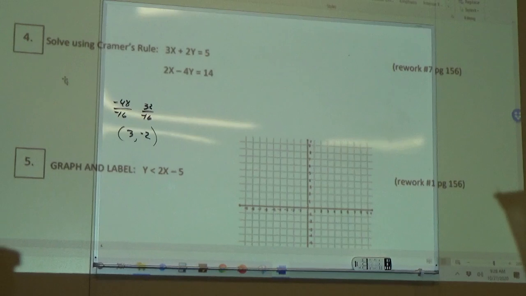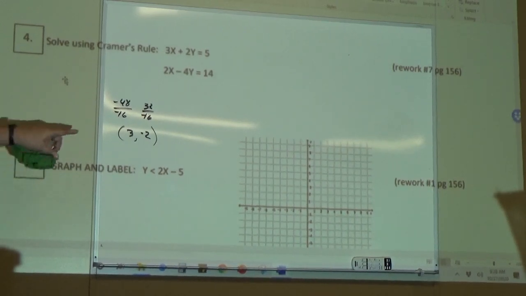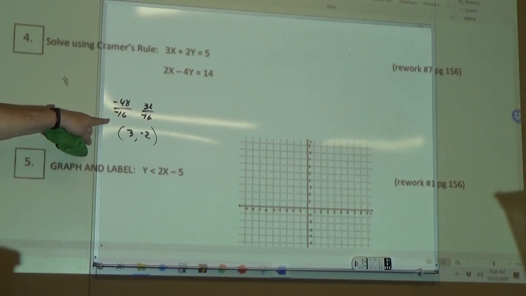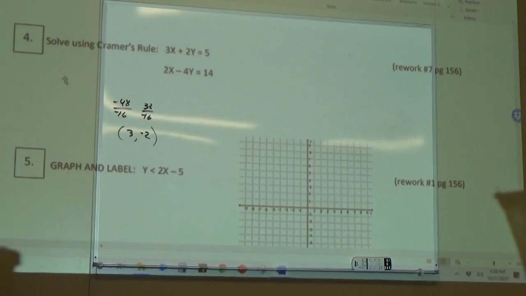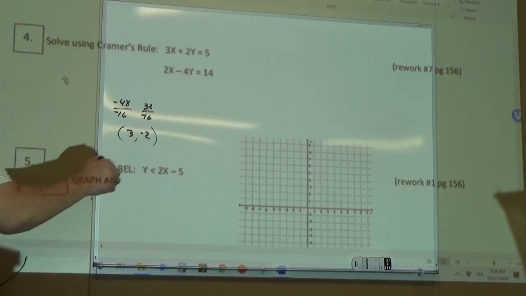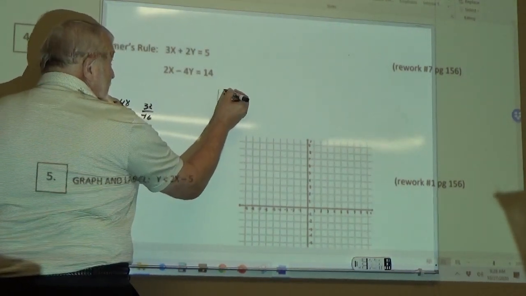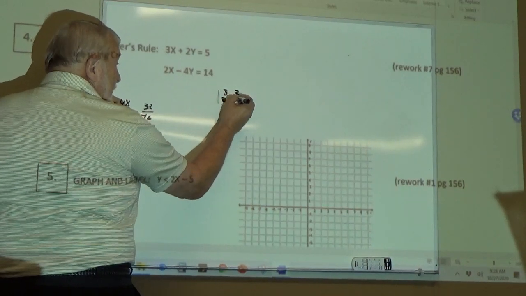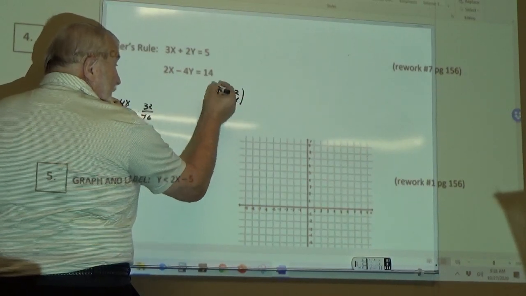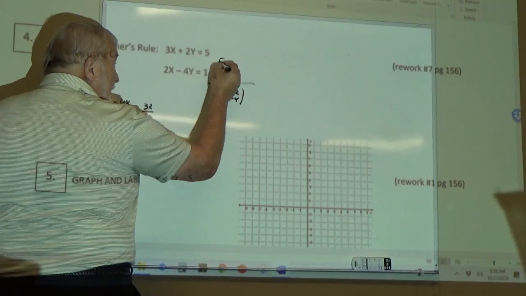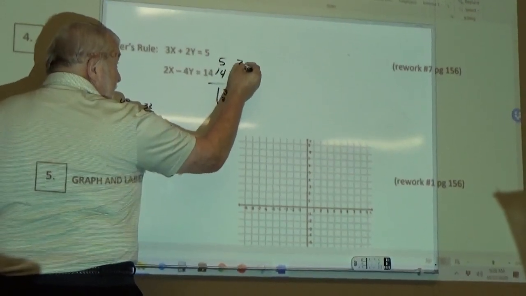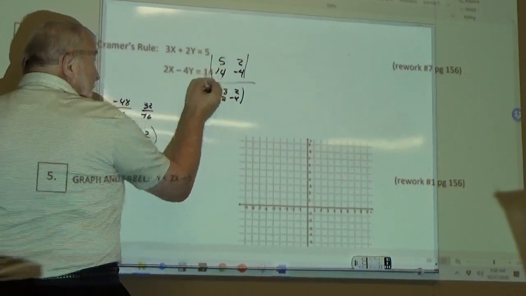All right, but this problem asks you to demonstrate Cramer's rule. And so you've got to show me. This is the very minimum that you could do, because I did all of the determinants in my head. But normally, what you would do is you would want 3, 2, and 2, -4. You want the determinant for that over 5, 14, 2, -4, the determinant for that.